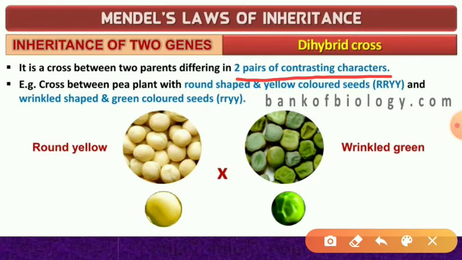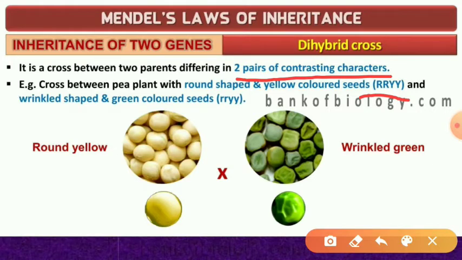Example: a cross between pea plants with more than one pair of alleles. He took two pairs of characters of a particular plant. Example: round shaped and yellow colored seeds, capital R capital R, capital Y capital Y, and their opposite characters, wrinkled shaped and green colored seeds, small r, small y.